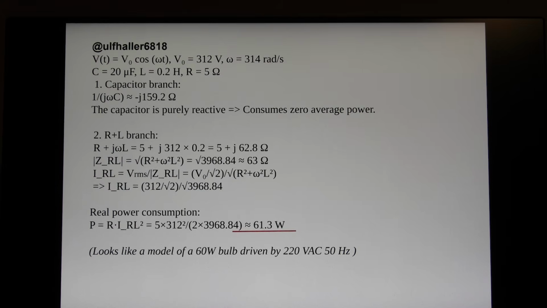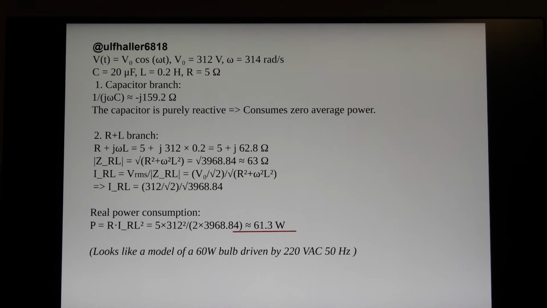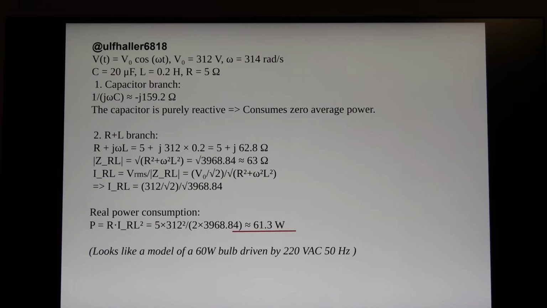Power is only consumed, real power only consumed in the resistor, and it's the square of the current, the RMS current, times the resistor, and he gets about 61.3 watts. He also notes, coming from Sweden, I'm not surprised, that this looks like a model of a 60 watt light bulb driven by 220 volts AC at 50 Hertz. So that is his solution using complex numbers.